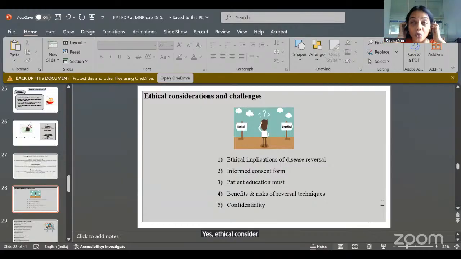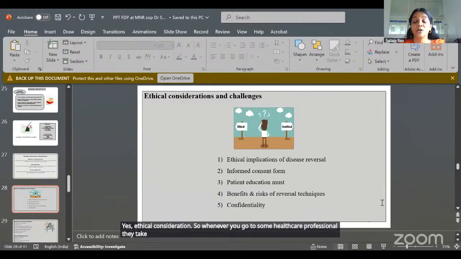Whenever you go to a healthcare professional, they take many things into consideration like confidentiality, benefits and risks, then patient education, they educate you fully, then the ICF, you have to sign it, then other ethical implications which are there for the reversal of a disease. Next slide.